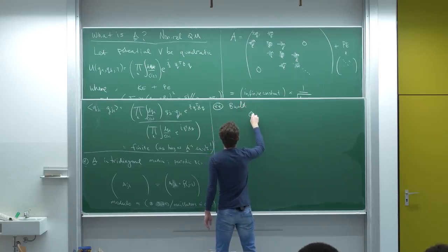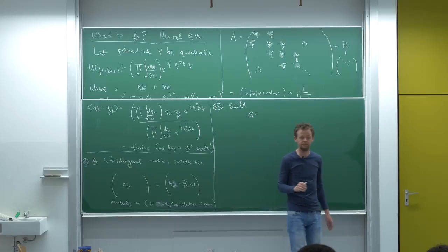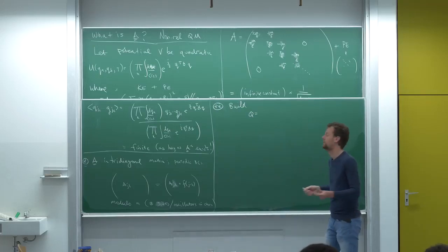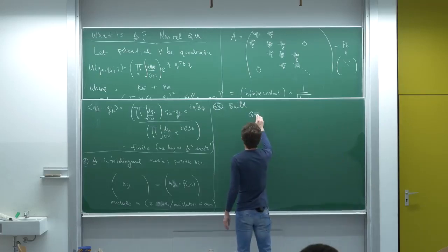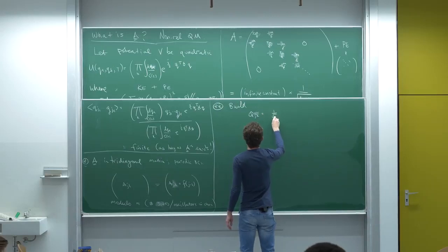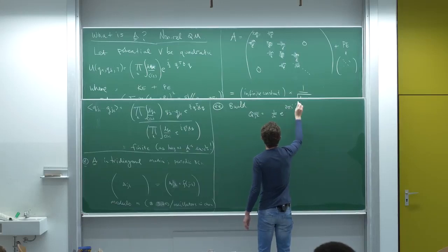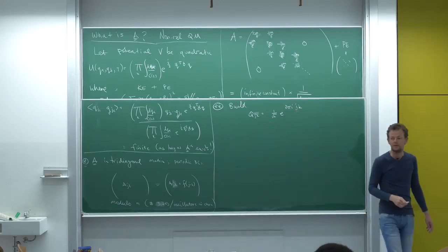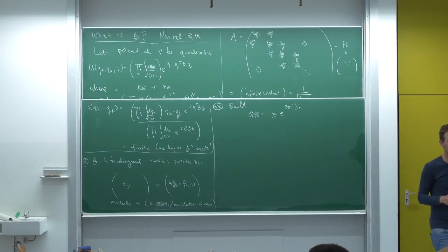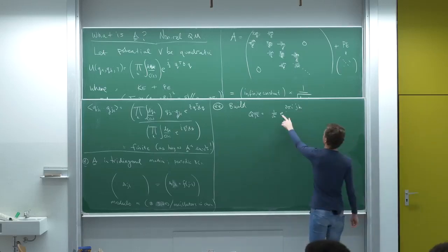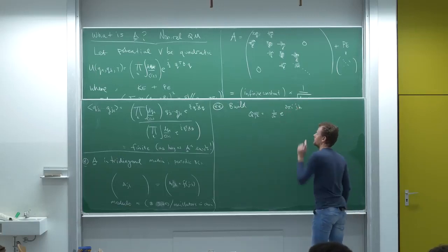So we're going to build the following unitary matrix, Q. Q of jk is 1 on root n e to the 2 pi i jk. So we build an n by n matrix whose jk entry is e to the 2 pi i jk divided by root n.